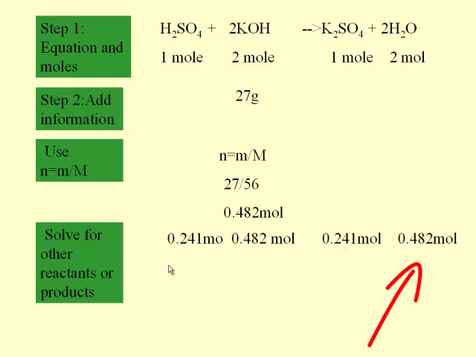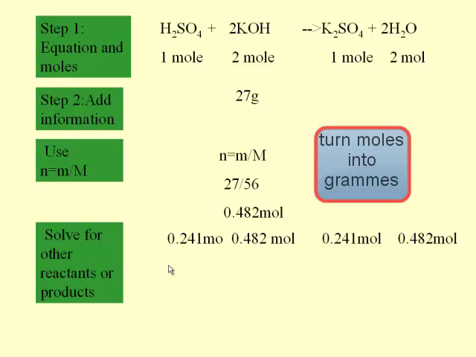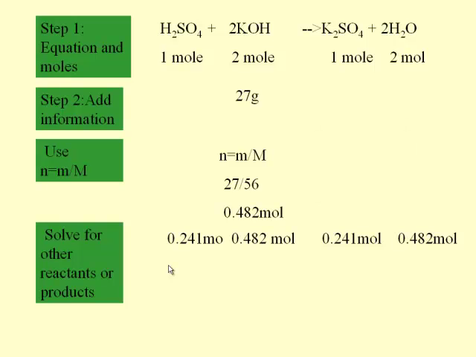Now we could go right through. We now know there's 0.241 moles of that. What is the only thing we can do with a number of moles? Turn it into mass. Sure, that's it. Now, which one of those quantities are we asked to do the calculation of? Potassium sulfate.